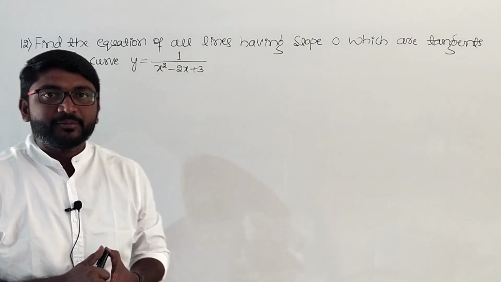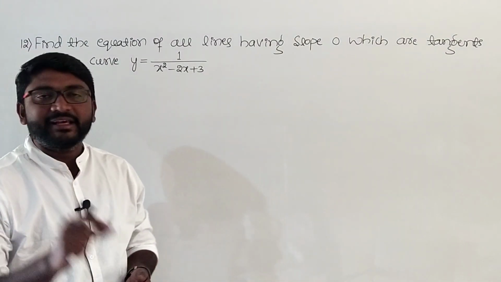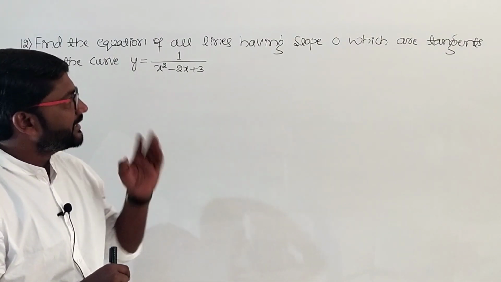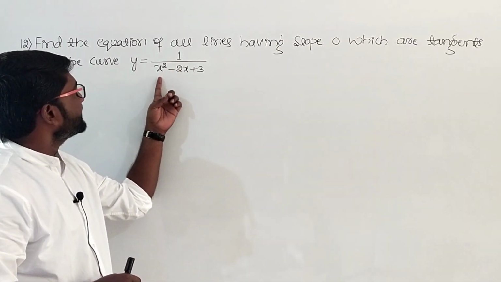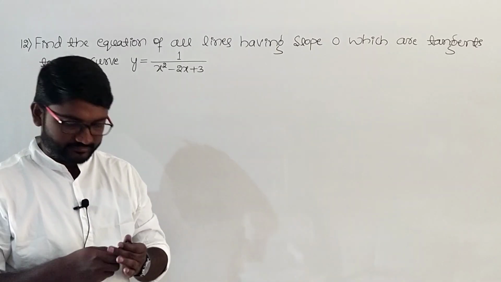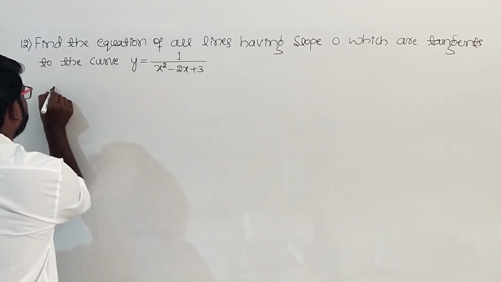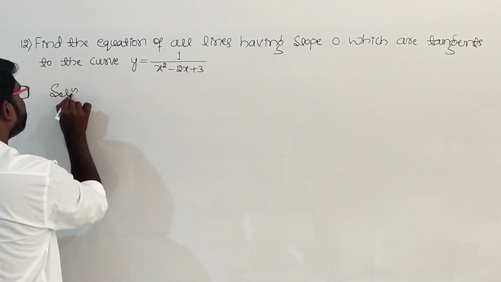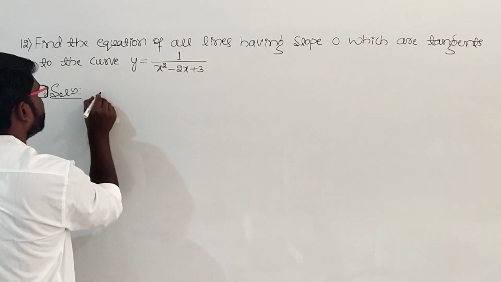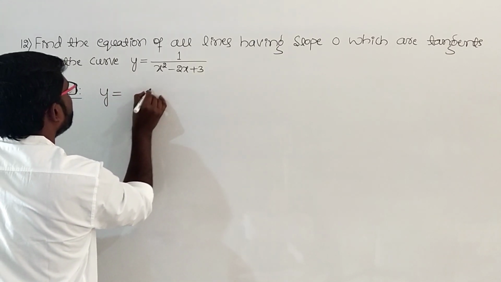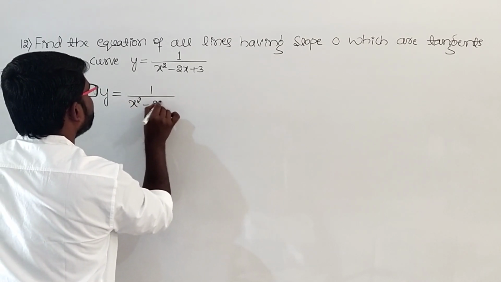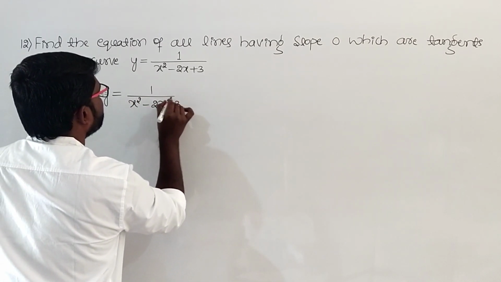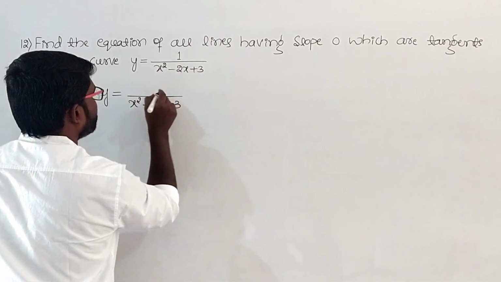Now the 12th problem: find the equation of all lines having slope 0 which are tangents to the curve y equals 1 divided by x square minus 2x plus 3. So let us write the given equation of the curve. It is given that y equals 1 divided by x square minus 2x plus 3.